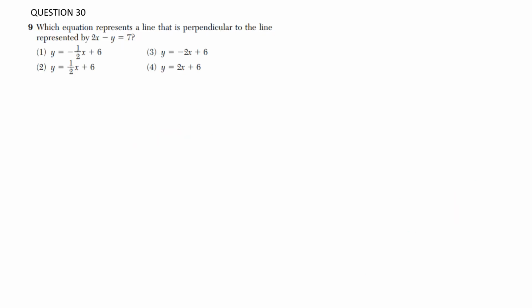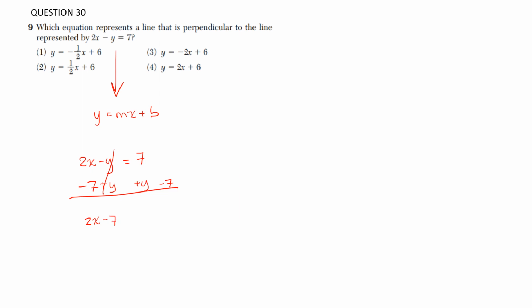Okay, question 30. Which equation represents a line that is perpendicular to the line represented by 2x minus y equals 7? So let's rewrite this in a form we're more familiar with, in y equals mx plus b form. We have 2x minus y equals 7. Let's add y to both sides, and let's subtract 7 from both sides. Just do it all in one step.